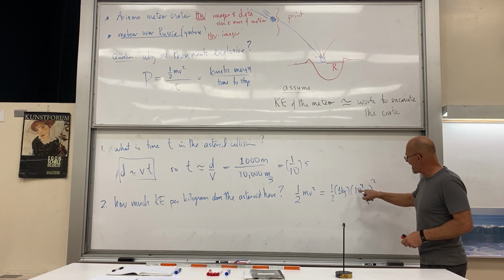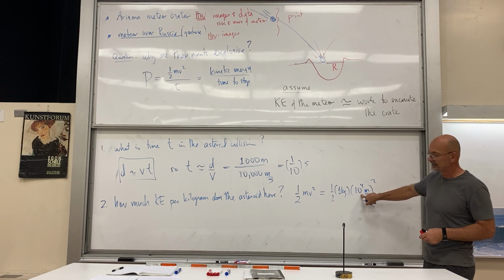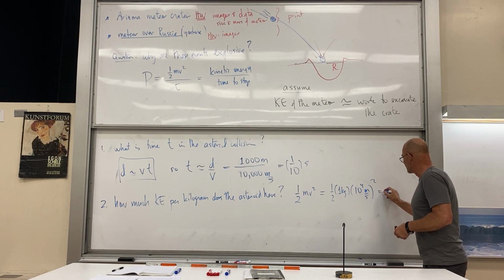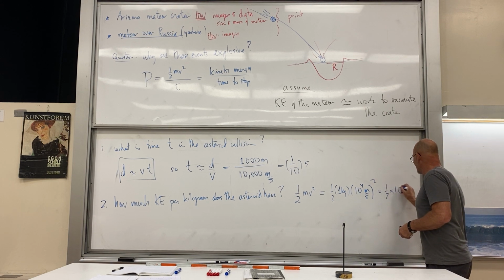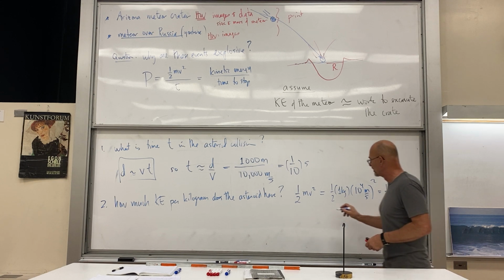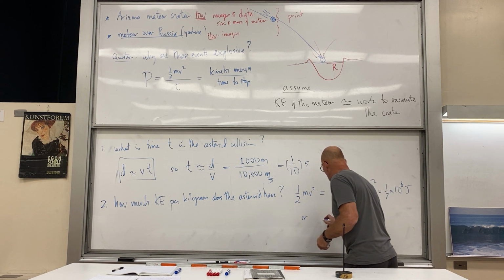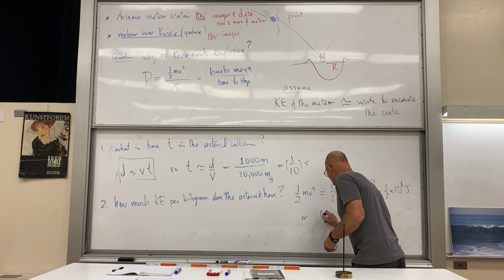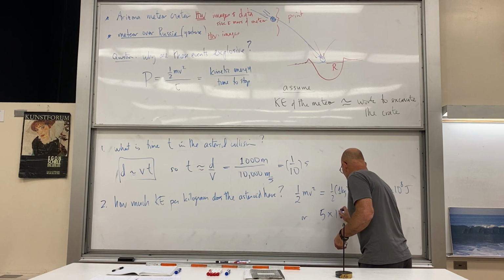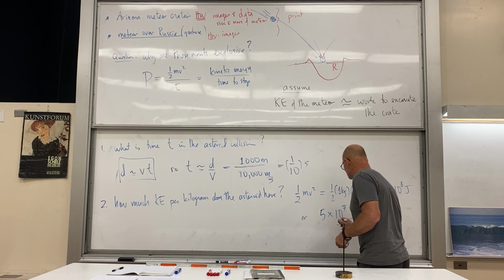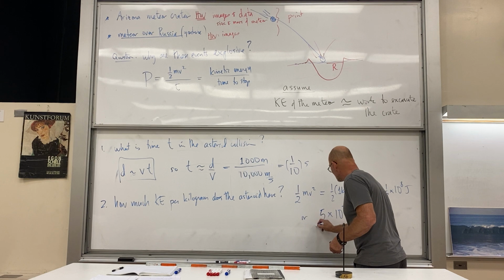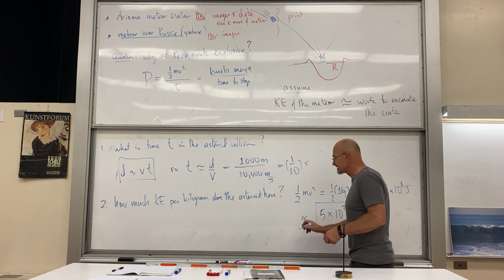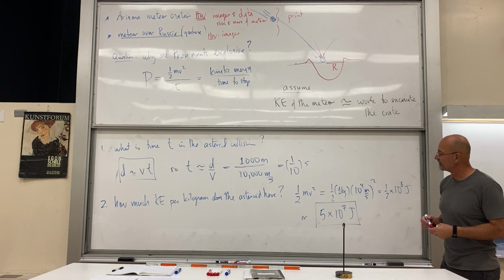So that's 1/2 times 10 to the 8. That equals 1/2 times 10 to the 8 joules, or 5 times 10 to the 7 joules. That's the energy per kilogram.